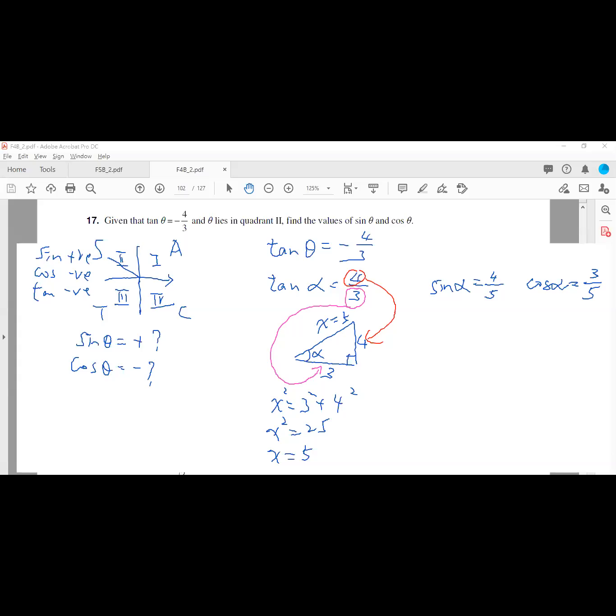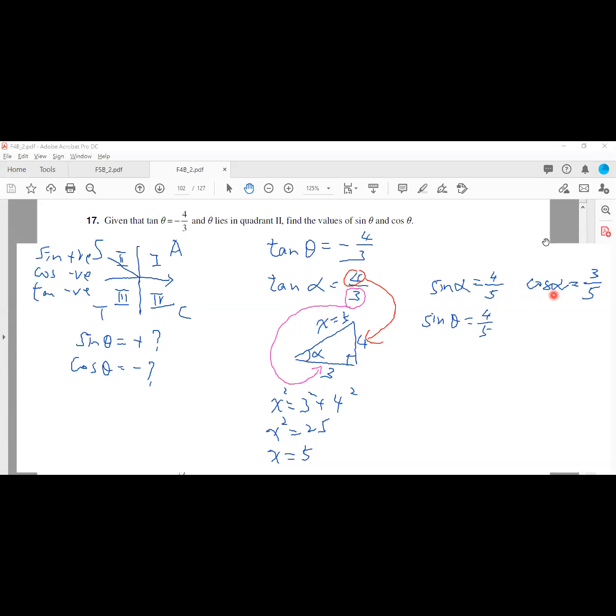Okay, and finally, we go back to theta. Sine theta. We have already found that sine theta is a positive number. The positive what? Positive what number? It's this number. Okay, so sine theta is just equal to positive 4/5.